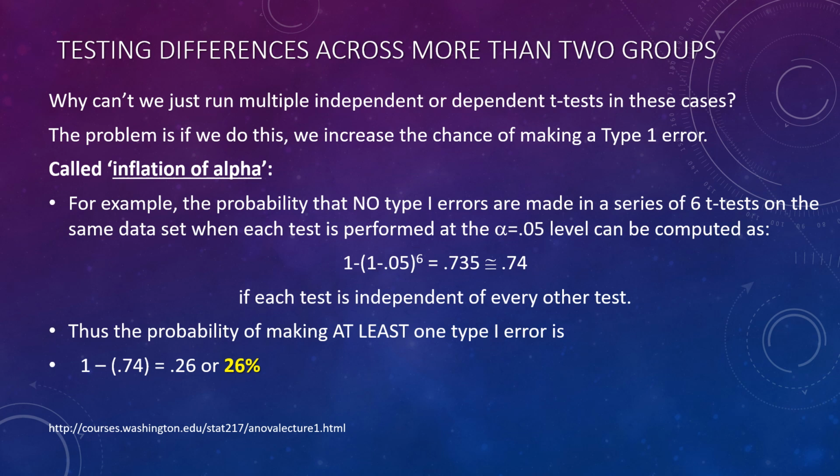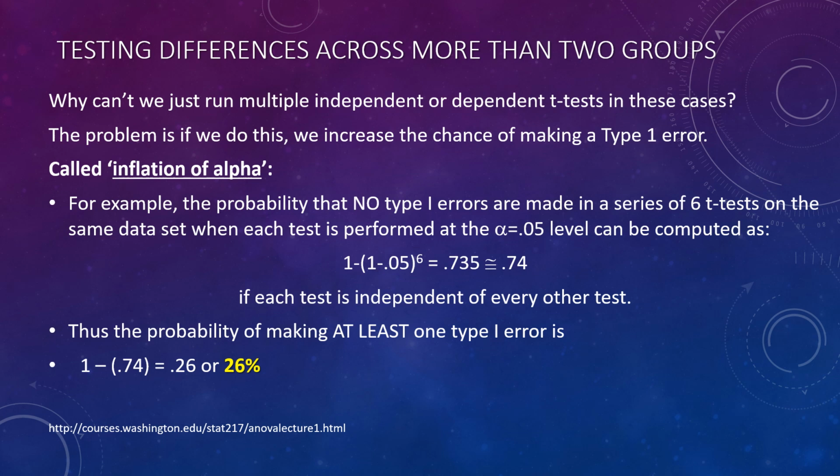But there's an additive effect if I run more than one test like that, each with its own level of significance. Each of those independent t-tests, all 6 of them, had its own level of 0.05, and those begin to add together.